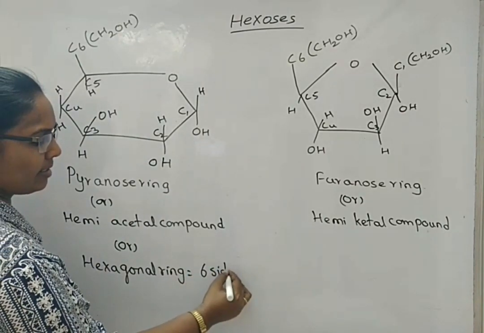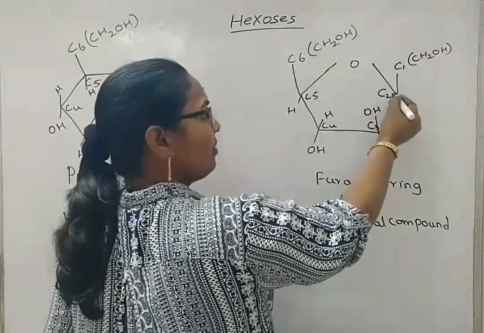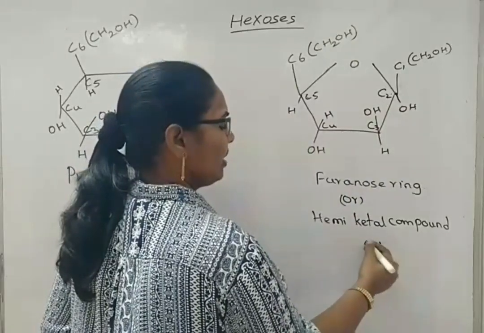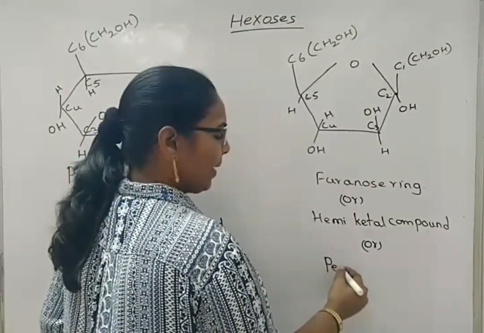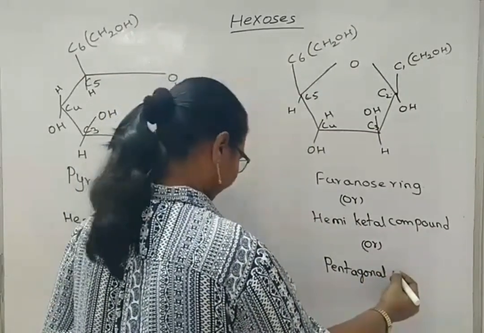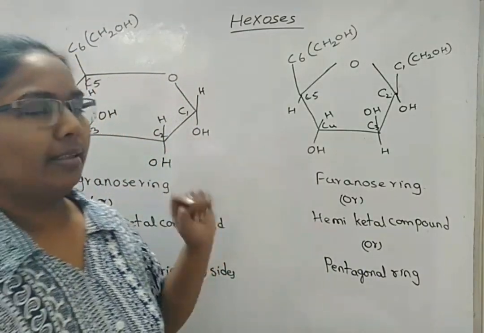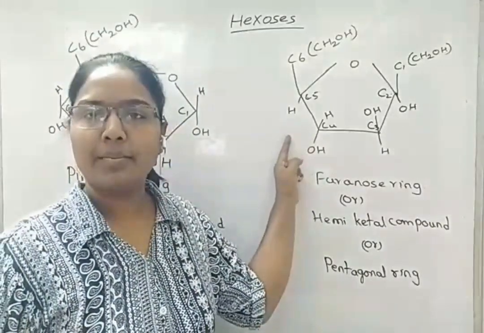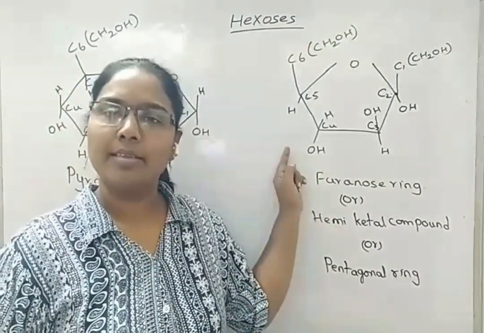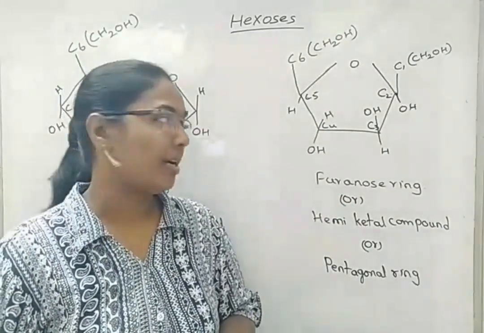In case of the furanose ring, how many sides are there? 1, 2, 3, 4, 5. So it is also termed a pentagonal ring. And in some way this pentagonal ring resembles the pentose sugar ring forms like ribose and deoxyribose, etc.